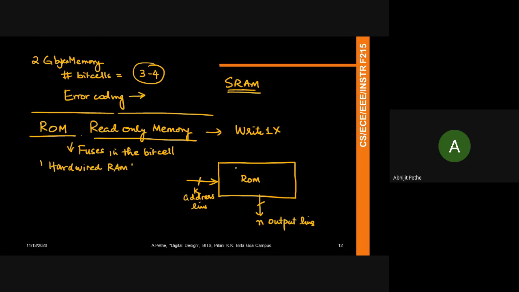You write it only once, so there's no question of enabling it for write or read. You have different ways to write and read, but when you're using the ROM, the only way you can use it is using a read signal.